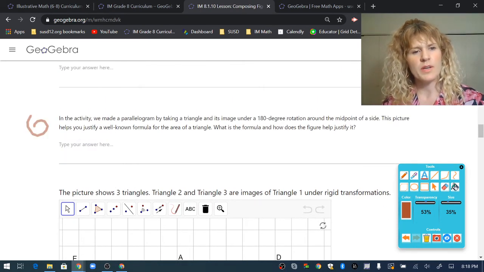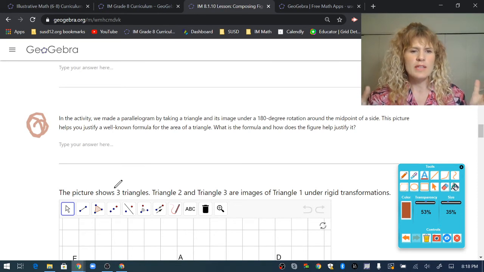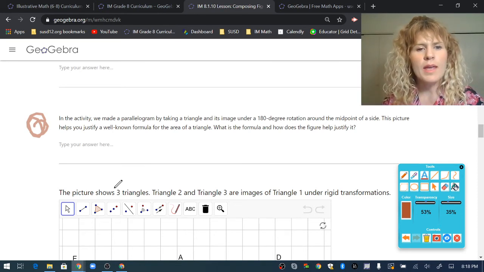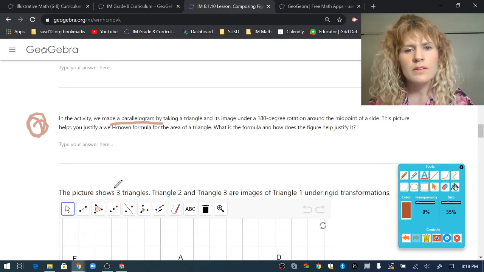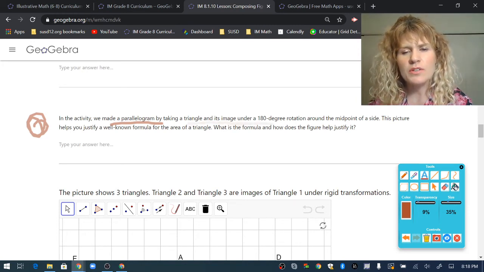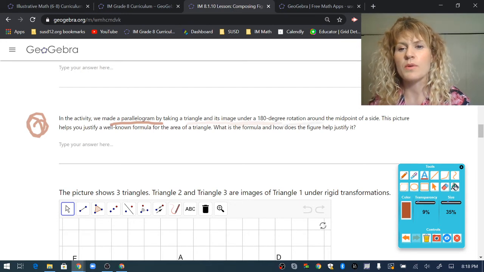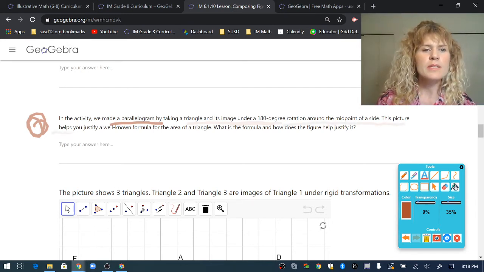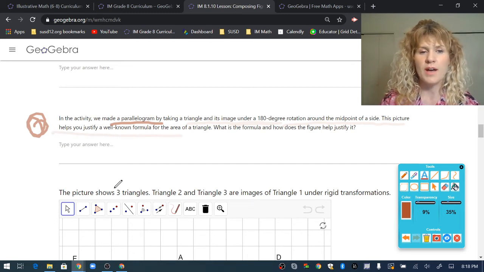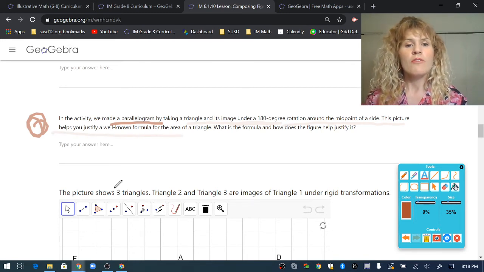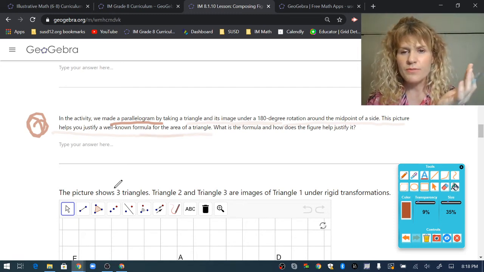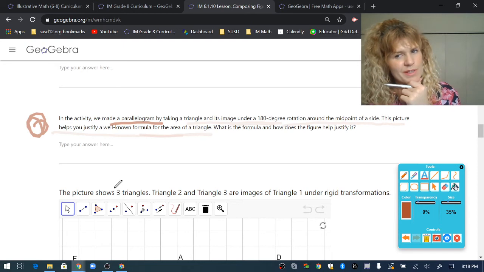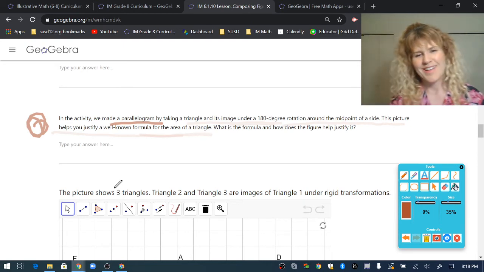The next question asks you, in the activity, we made a parallelogram by taking a triangle and its image under a 180-degree rotation about the midpoint of a side. This picture helps you justify a well-known formula for the area of a triangle. What is the formula and how does the figure help justify it?